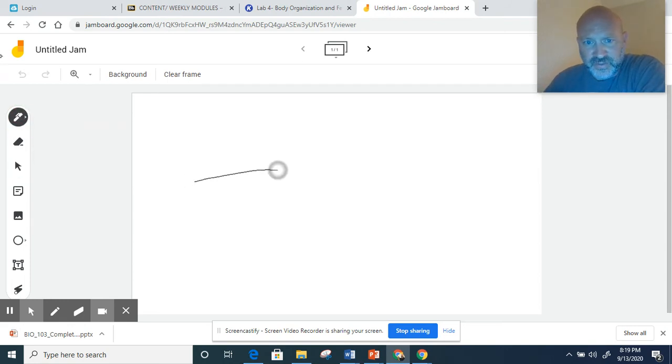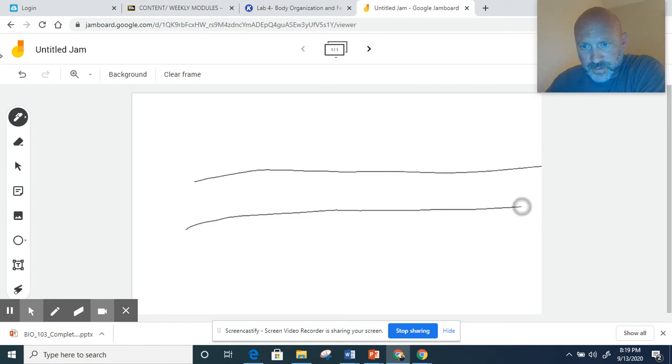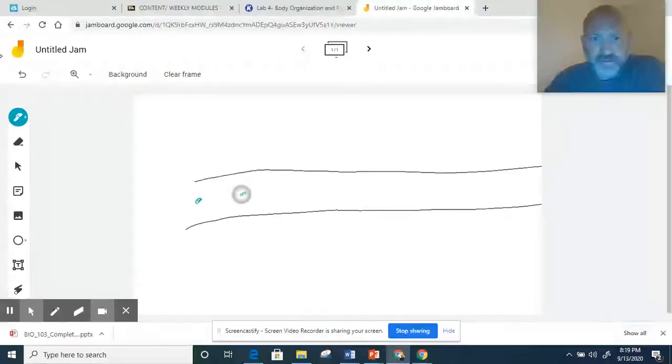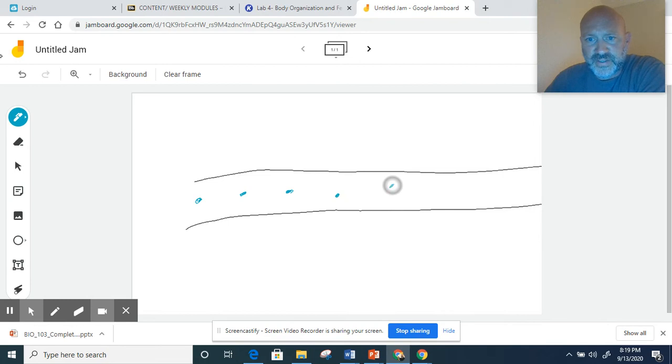Imagine we have this tube going, and let's say we ate some food, and now we have some food nutrients traveling along the tube. Nutrients that we want to get sent into our blood, right?